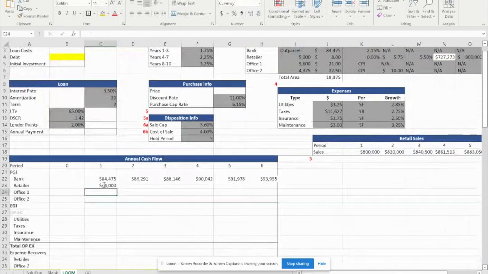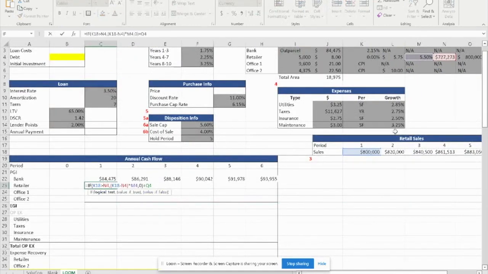What we also need to do here is some anchoring. We're going to anchor everything except for the actual sales amount annually, because that's going to change every year. We're going to anchor this cell. I'm sorry, we're not going to anchor this.